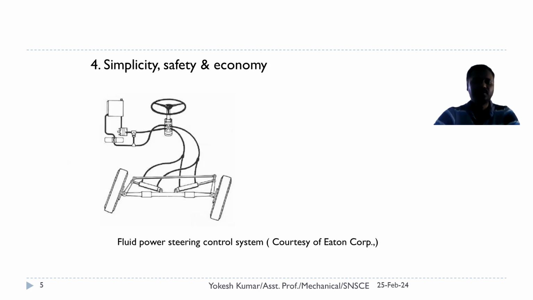Here also a reservoir is there, then a pump, then a spool valve to direct the fluid to different locations of the actuator so that the vehicle can be suitably steered to change its direction. So this system is very simple.